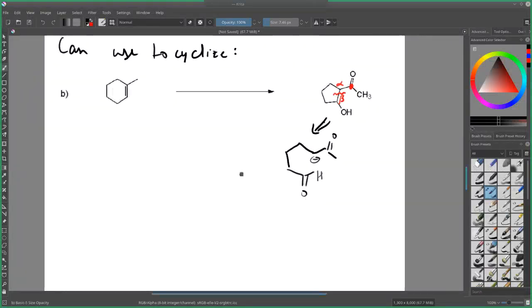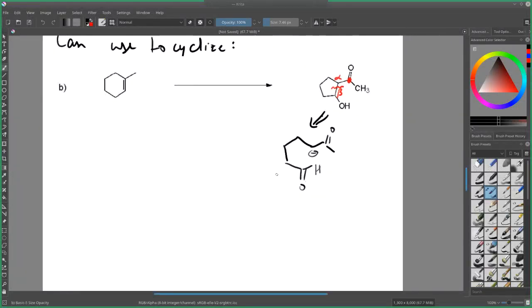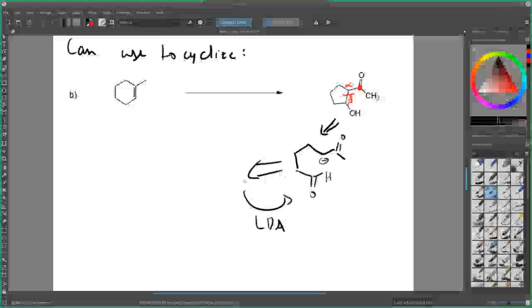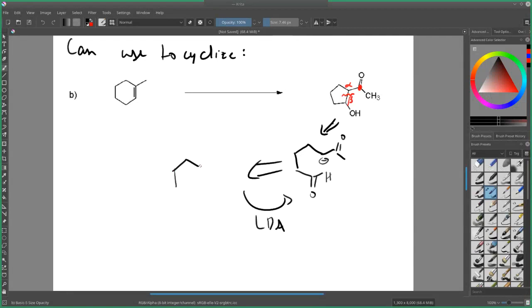Well, okay. So we have this thing over here, and here's an enolate. This enolate came from using a base, and I'll just say LDA because it tends to be the good one, on this thing.